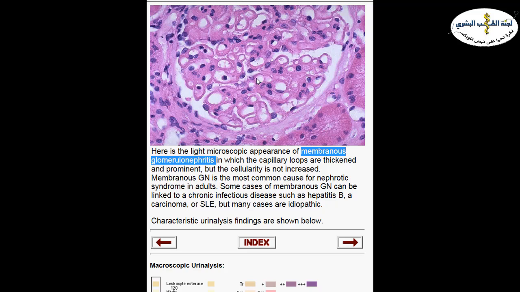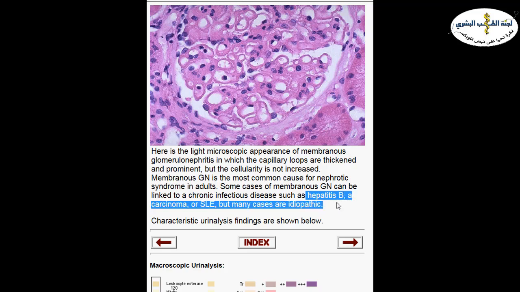Now, regarding membranous glomerulonephritis, it can be primary idiopathic without any underlying cause, but sometimes it can be caused by certain infections, malignancies, immunological diseases. Many other diseases can lead to membranous glomerulonephritis, like hepatitis B, carcinomas like lung carcinomas, SLE, and many other things.